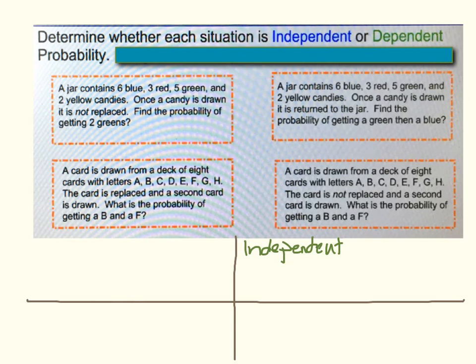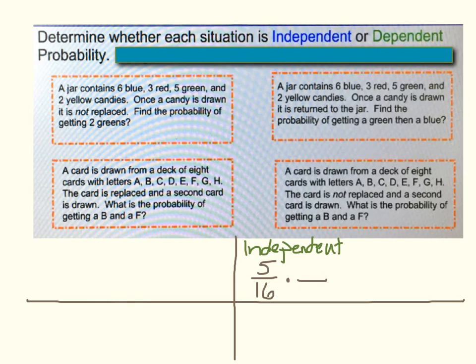And there are a total of 16 candies in the jar. We want to find the probability of first picking a green and then picking a blue. Well, there are a total of 5 green candies in the jar, and we will multiply, because these are independent events. We multiply the two probabilities together.